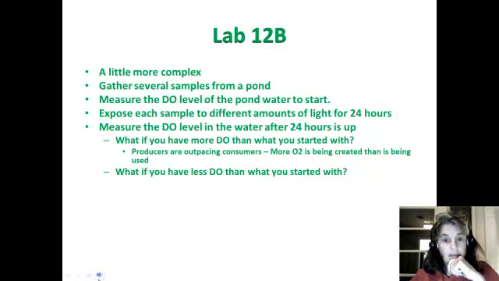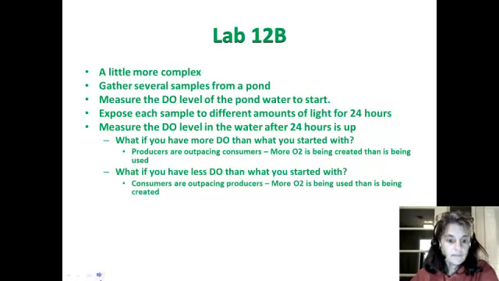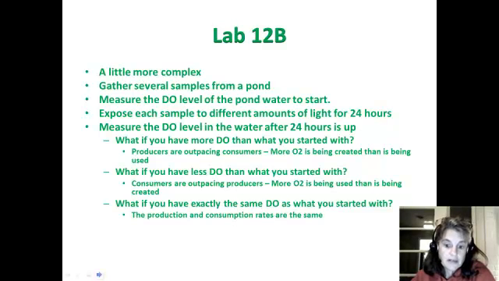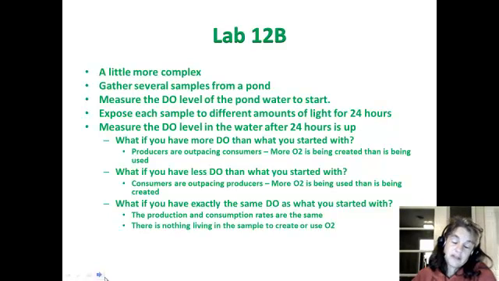They're not being very productive, and our consumers are outstripping their ability to produce oxygen. And what if they are exactly the same as what we started with? Well, either we know that the rates of production and consumption are essentially the same, or there's nothing in the sample to start with, and there are no living things in there.